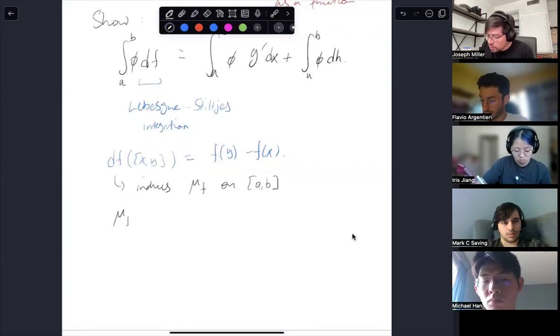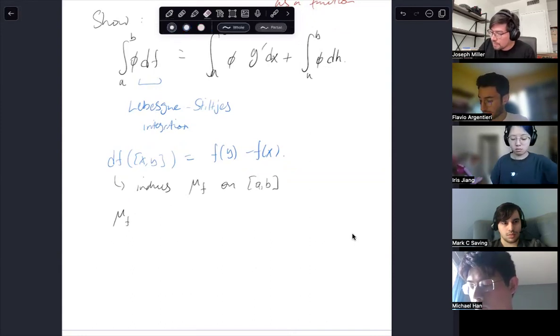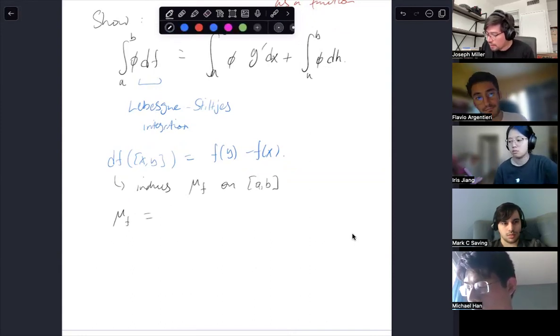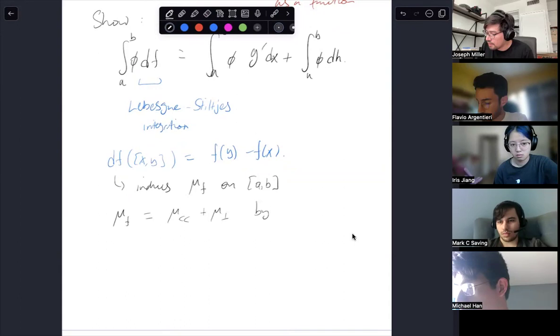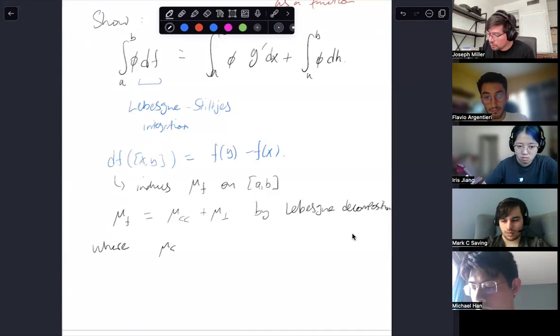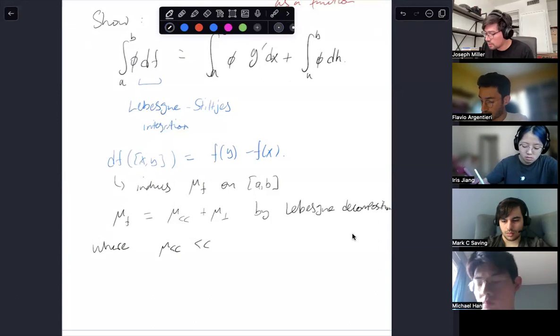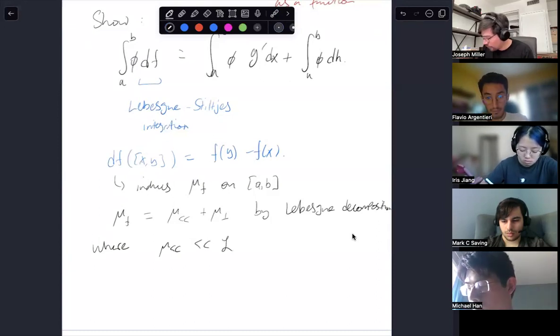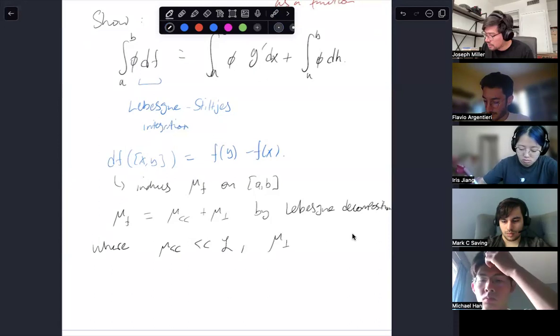So I know that I can write mu f by the Lebesgue decomposition theorem as a sum, where the first part is absolutely continuous with respect to the Lebesgue measure, I'm going to write it L, and the second part is singular with respect to the Lebesgue measure.